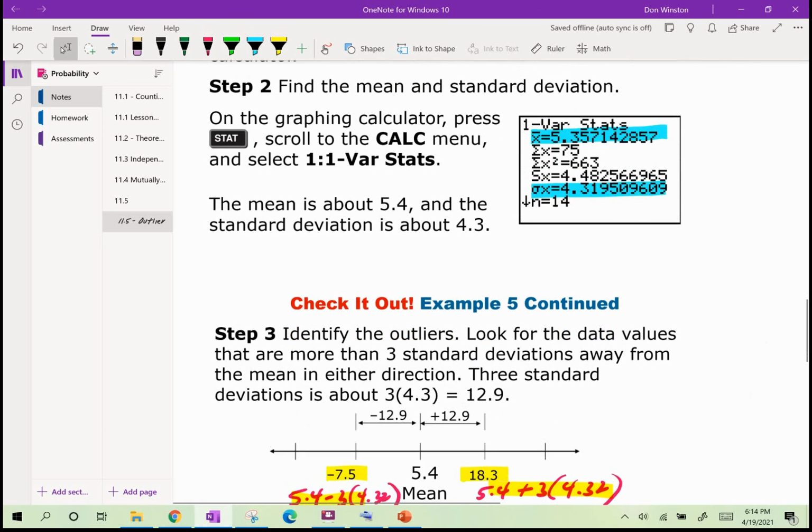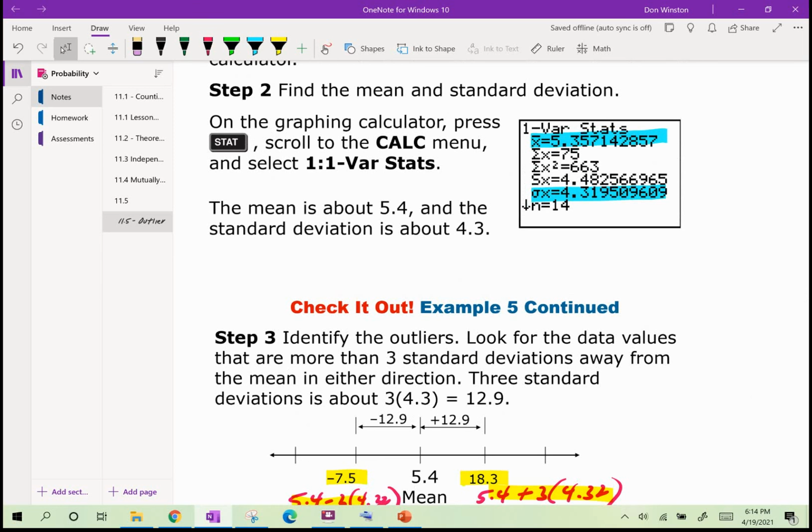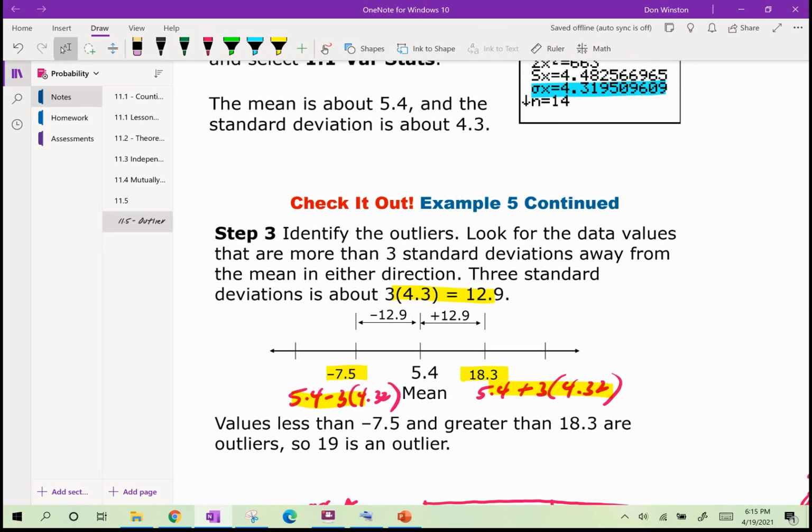Okay, so for outliers, look for the data values that are more than 3 standard deviations. So if I take 3 times 4.3, that would be 12.9. So we take our mean, 5.4, and add 3 times 4.32, and that gave us 18.3.